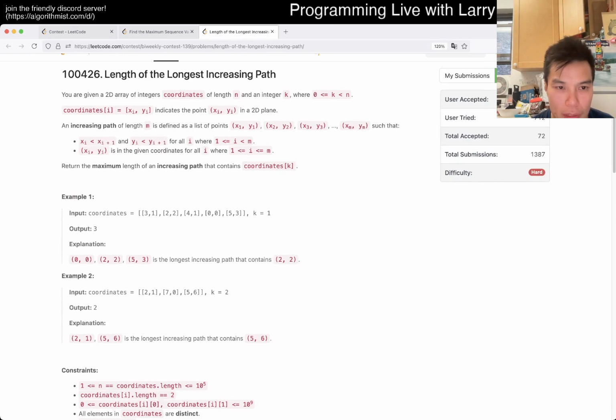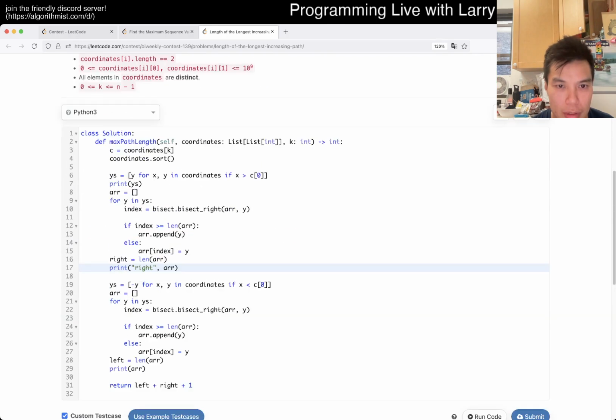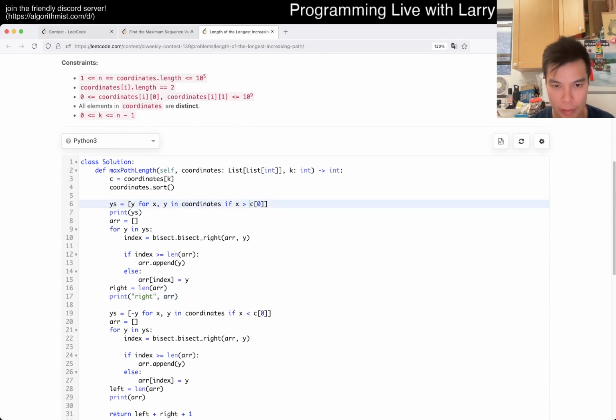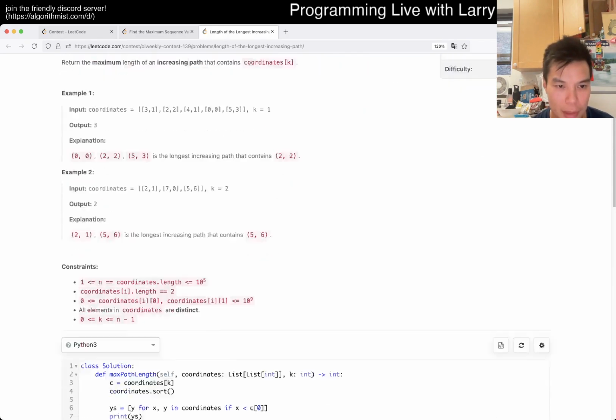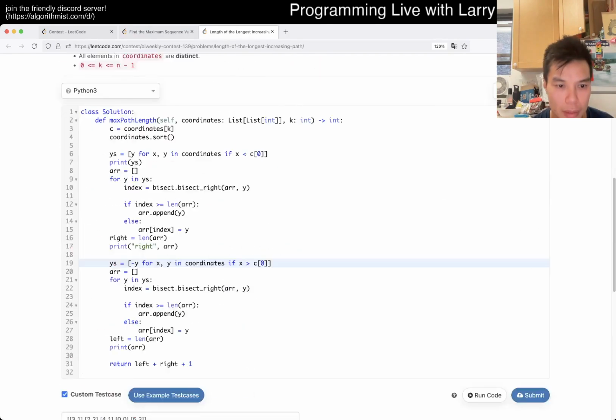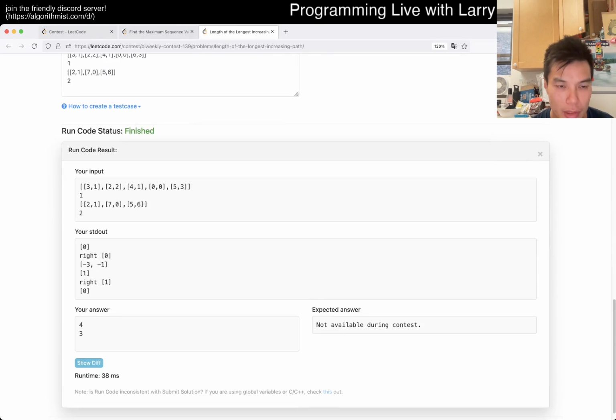K is equal to 1, I forgot that, okay, 2. So why am I doing ones? Oh, I did the signs wrong. 4, 3, it's slightly better, but still no cigar. Right is 0.